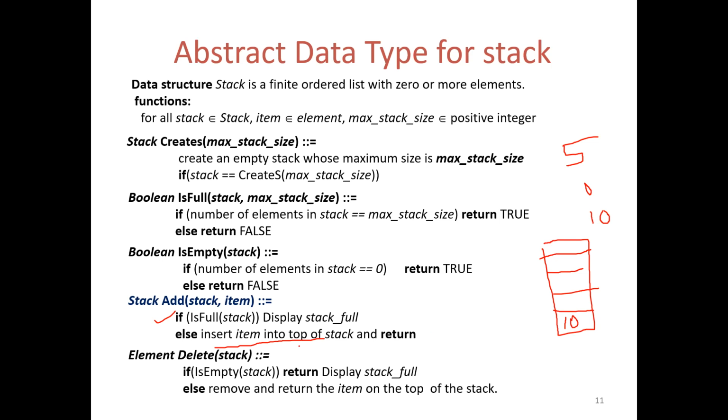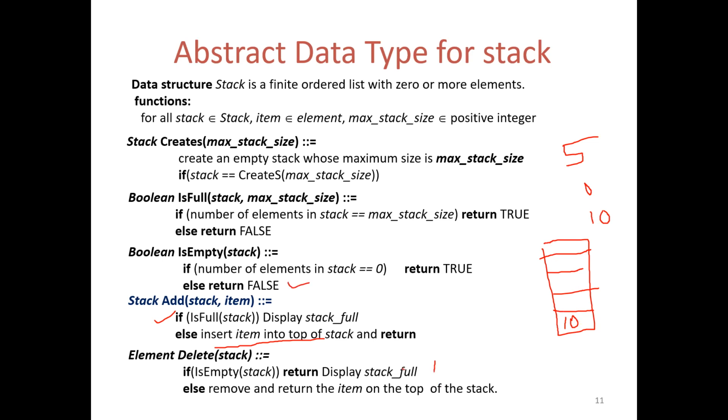Now I'm going to perform deletion operation, pop operation. Just check whether stack is empty or not. isEmpty is called. isEmpty will compare the number of elements with 0. The number of elements in the stack is 1. It is not 0. That means false is returned.